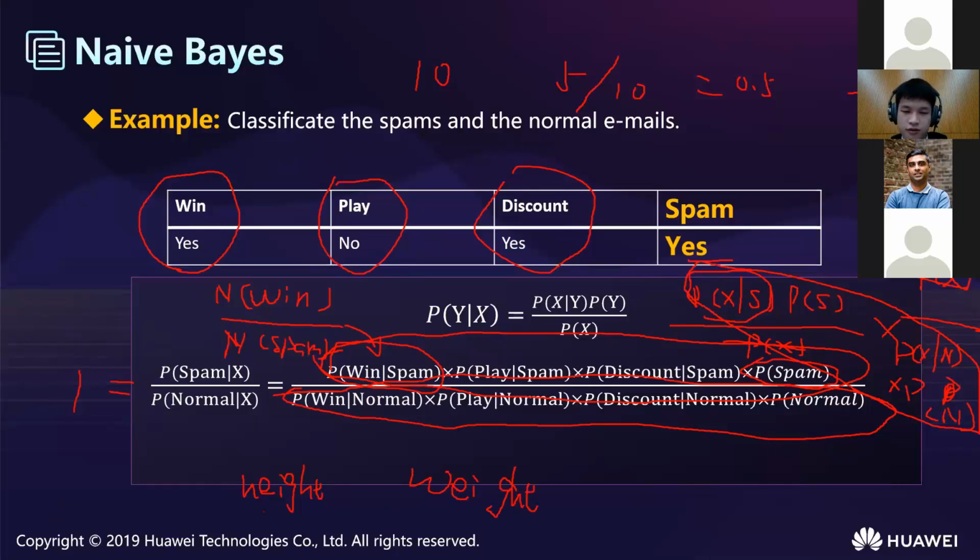So we know if the height is bigger, maybe the weight is also bigger, right? So there are some relationships. They are not independent, and then naive Bayes cannot perform very well.